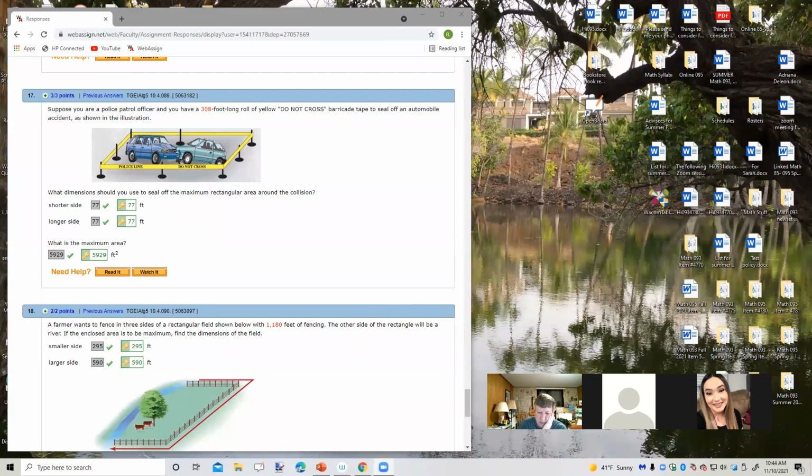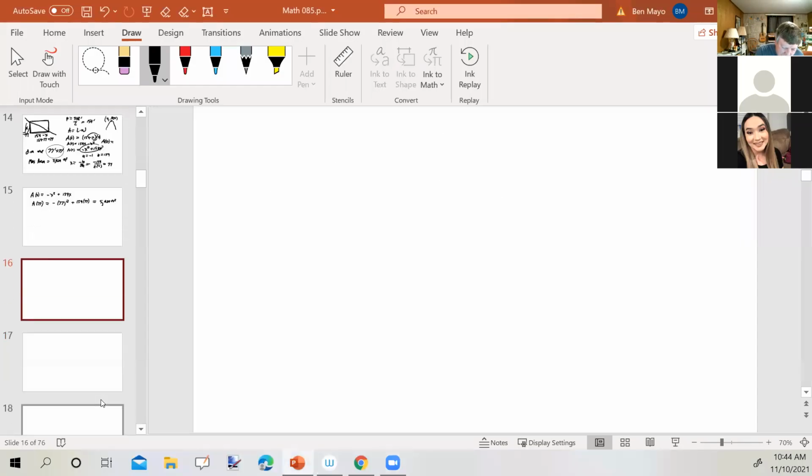No. Okay, so what I'm going to do now is just highlight some main points from this chapter. 10.1. We had the square root property.